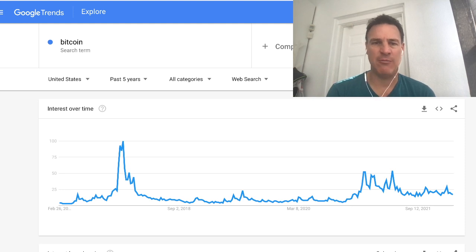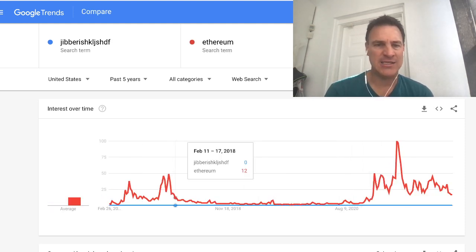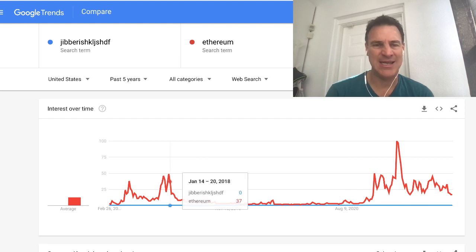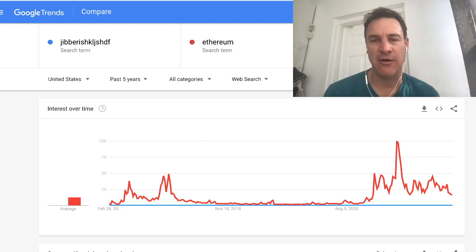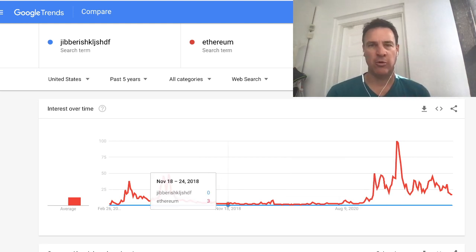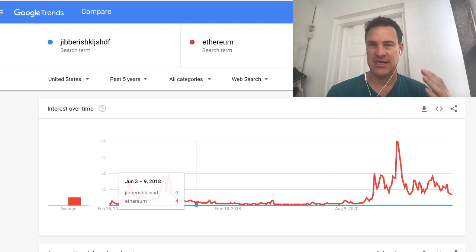If we compare that to Ethereum, here is Ethereum in red. In 2017 it's at the 50 mark, and this time around, it was double. So compared to itself, Ethereum was double 2017. Compared to itself, Bitcoin was half of 2017.